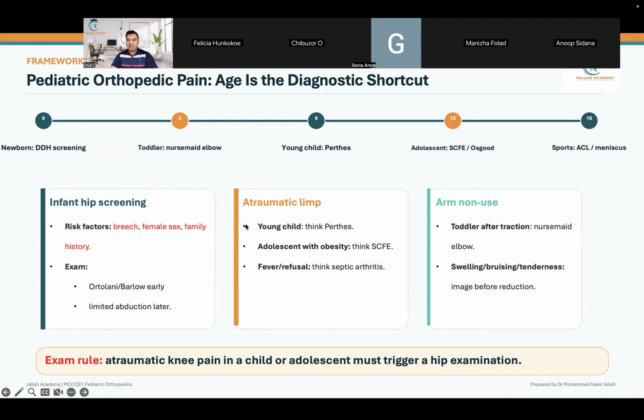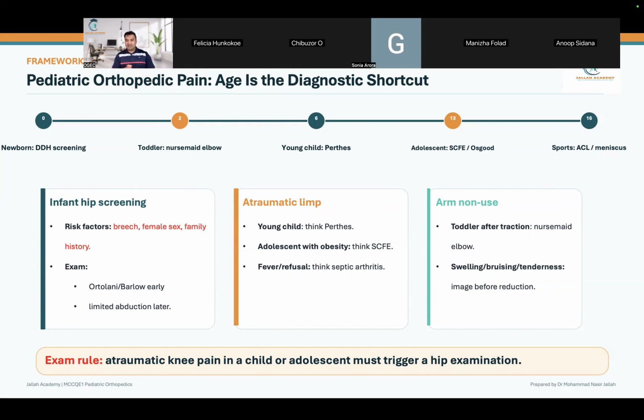Atraumatic limp: if you get a case of a baby or a kid who is limping but with no history of trauma, think about one of these conditions. Based on their age, if it is young, between 4 to 8, think about Perthes. If it is an adolescent with obesity or overweight, think about slipped capital femoral epiphysis.